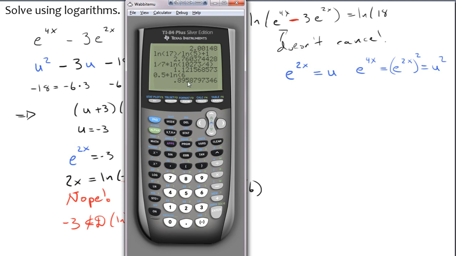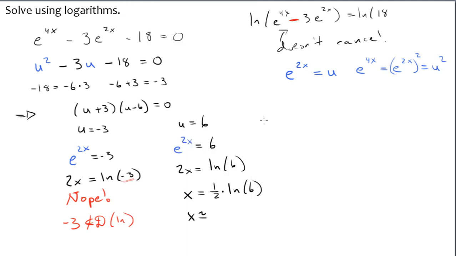So 0.8959, to 4 digits. Great. And remember, we could also write that as the natural log of the square root of 6.